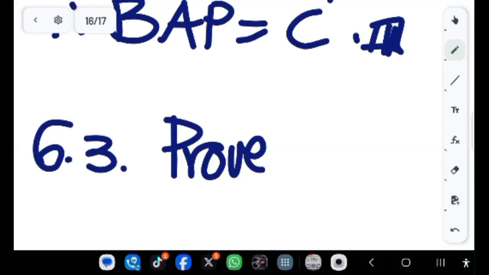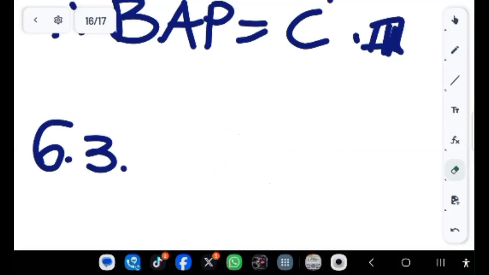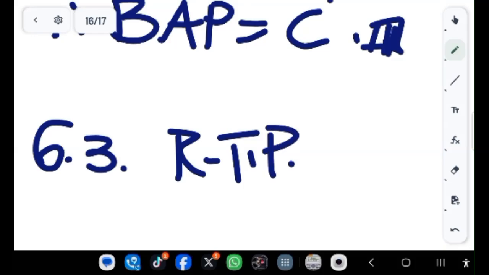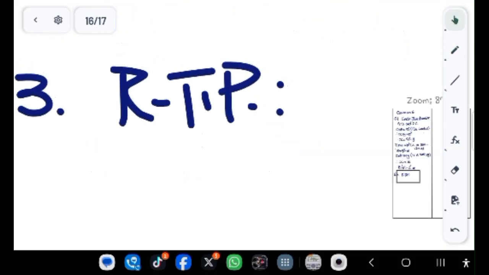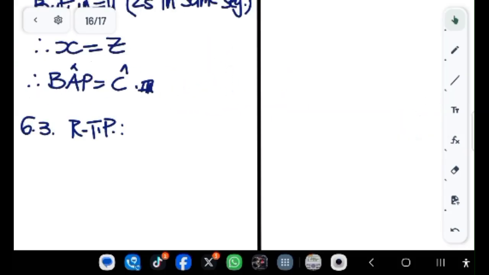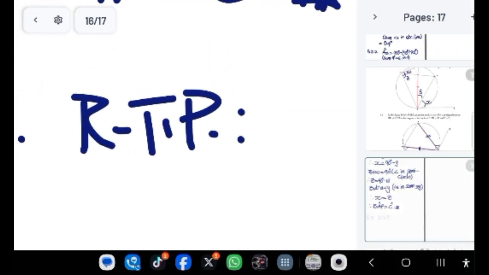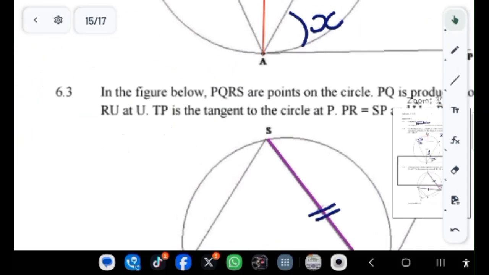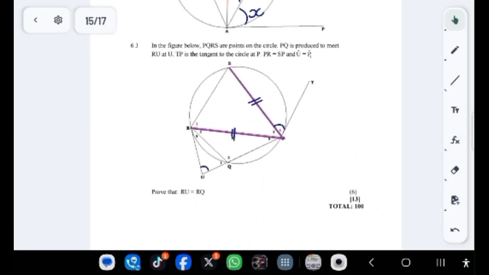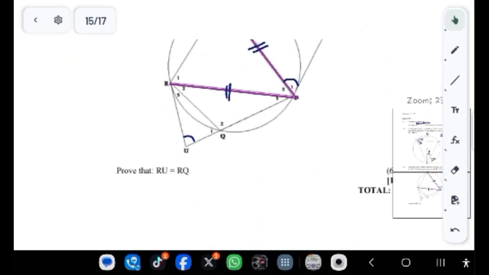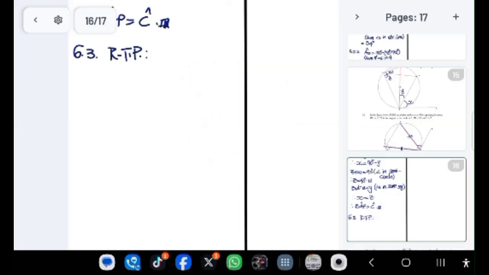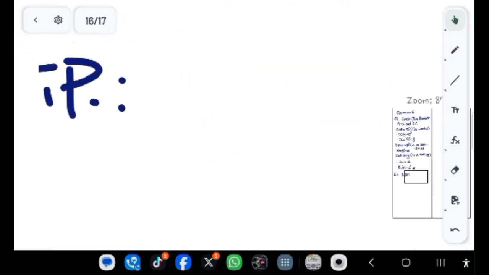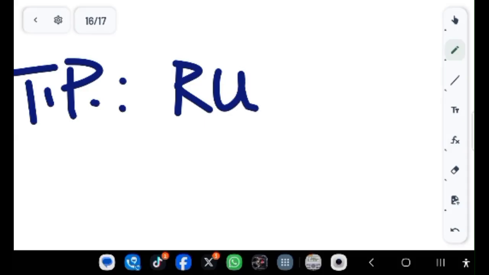We are required to prove that RU equals RQ.